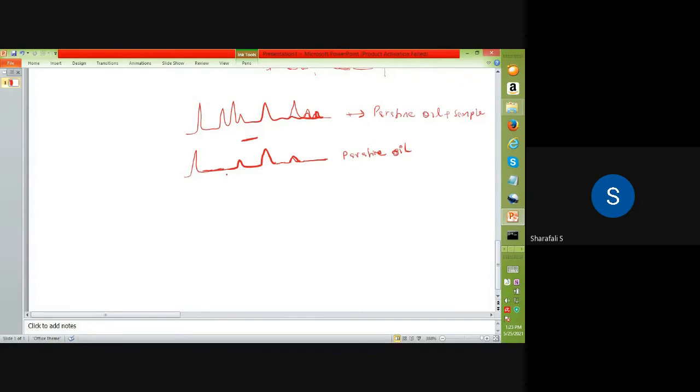So the computer knows each and every intensity at the different frequencies. So this is in the frequency domain, and this is also in frequency, or it can be in wave number.